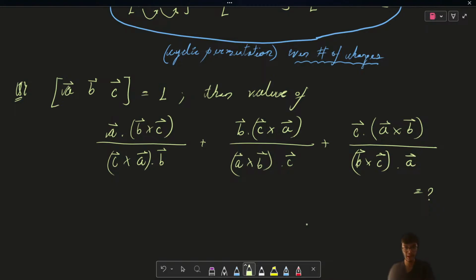So given that the scalar triple product of ABC is given as 1, based on that, please try to evaluate this particular value.